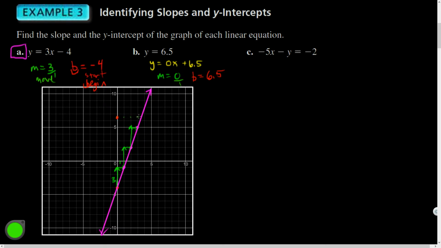What's that line look like? That's a horizontal line. Thing of beauty. So there's my blue line. y equals 6.5. Horizontal line.